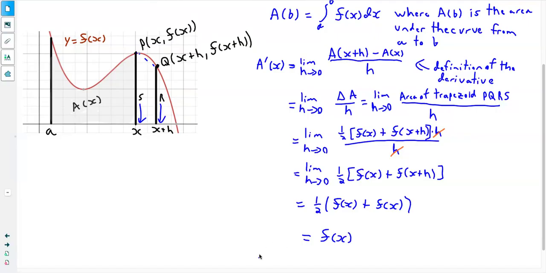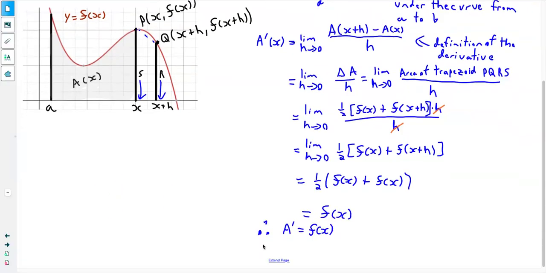So we can say, therefore, A prime is equal to f of x. And as a result, we can also say, therefore, our area as a function of x is equal to F of x plus c.